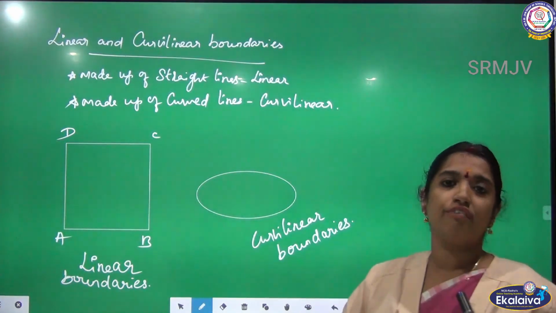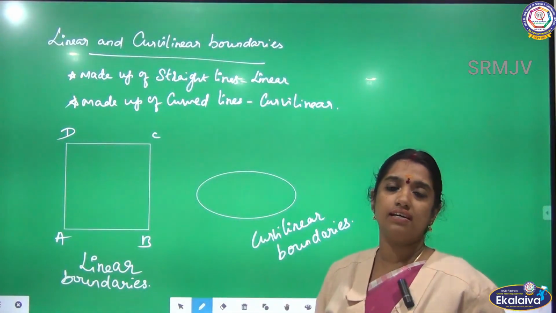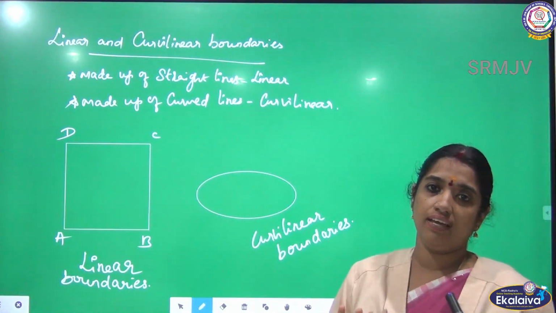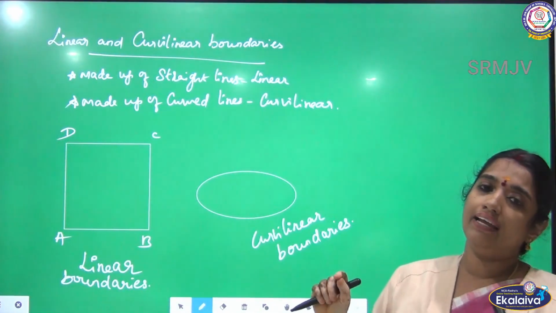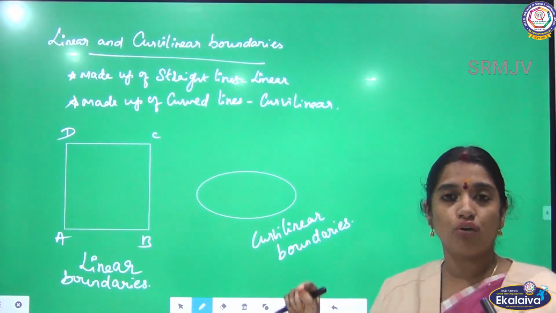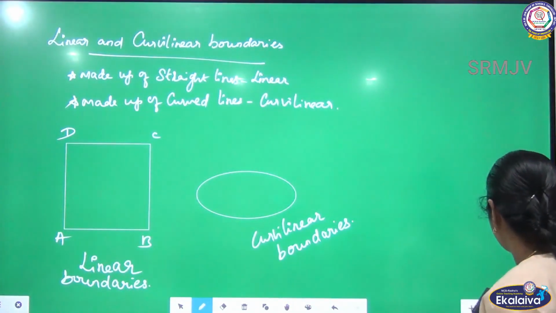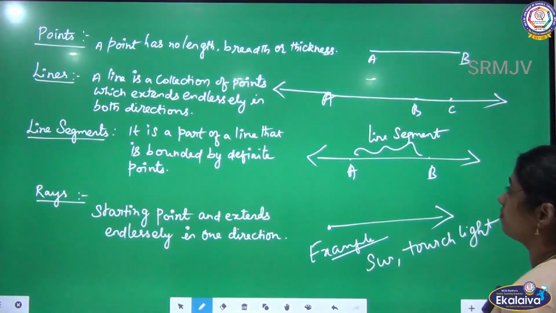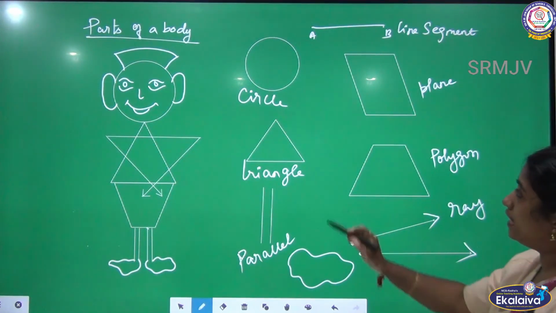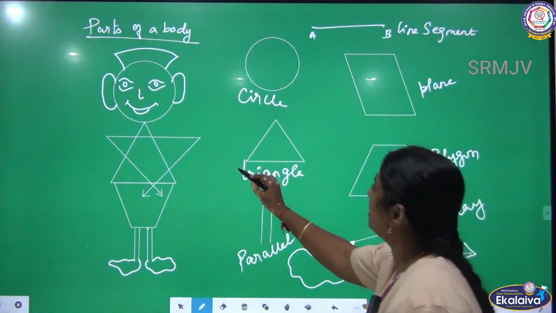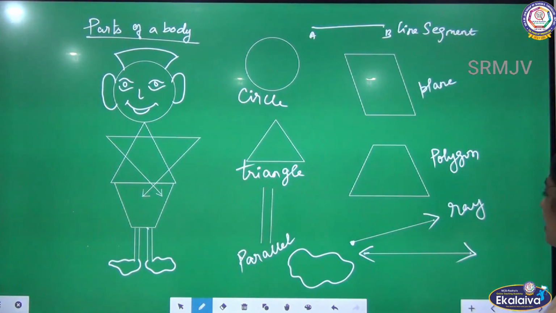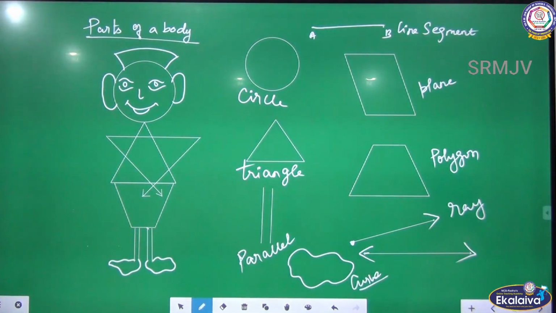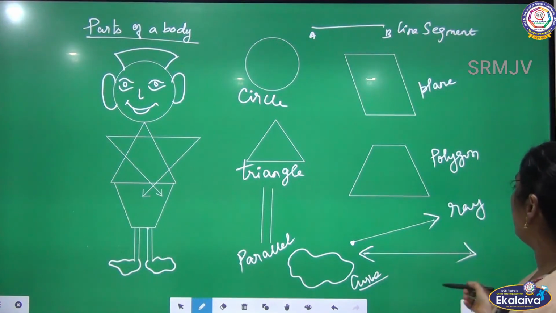See, what all we have discussed: the shapes, parallel, intersecting, curvilinear, and as well what is meant by open and closed figures. See, we have discussed a circle, triangle, parallel and curved lines. In the curves we discussed the open curve as well as the closed curve, ray, and this one is what?